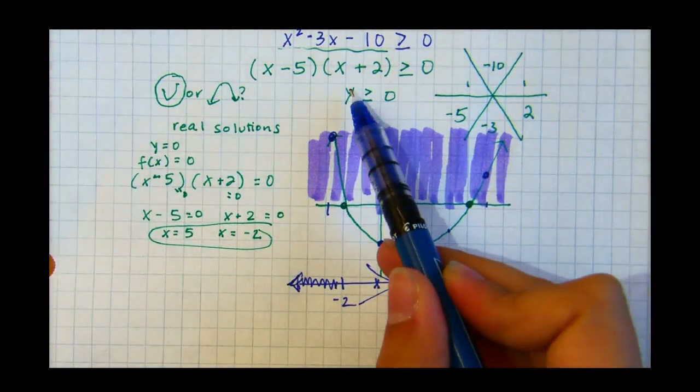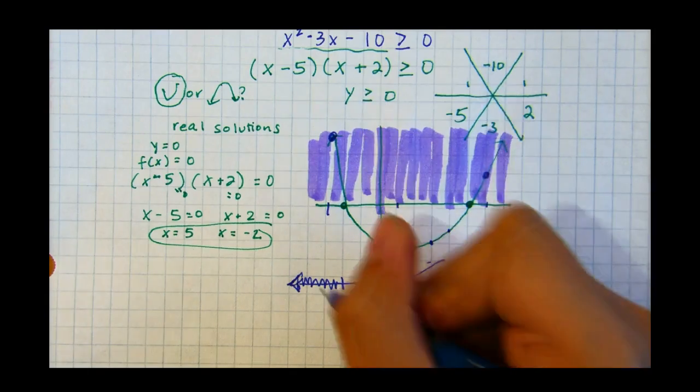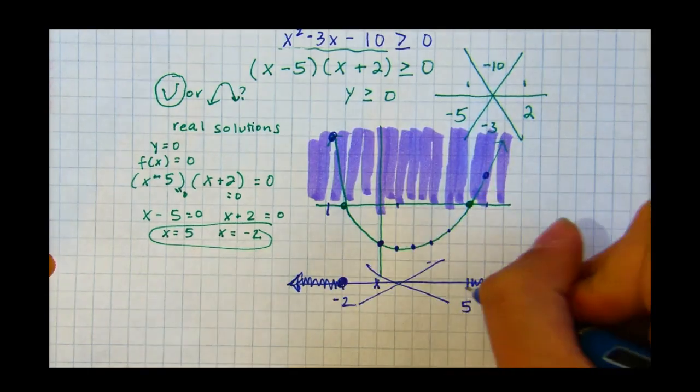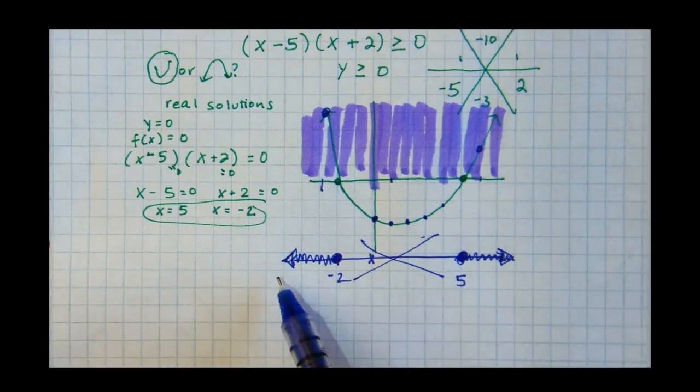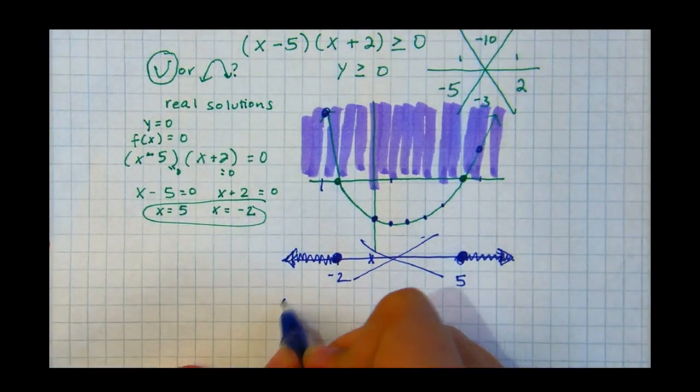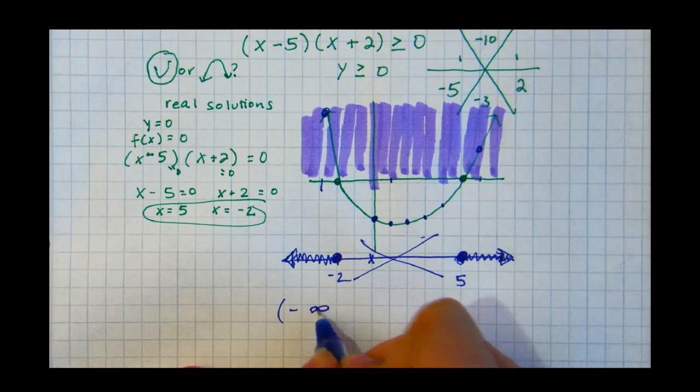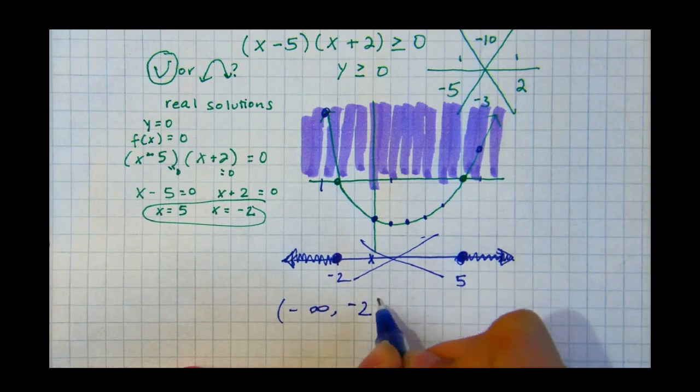Since my equation can equal 0, I'm going to put a closed circle at negative 2 and a closed circle at 5. What would my interval notation for this inequality look like? If I start from the left, my smallest values are negative infinity, and they go to a negative 2.